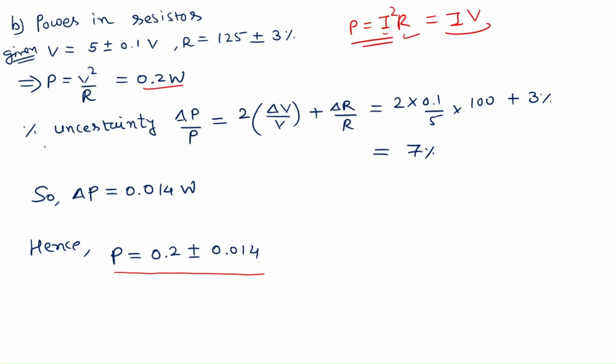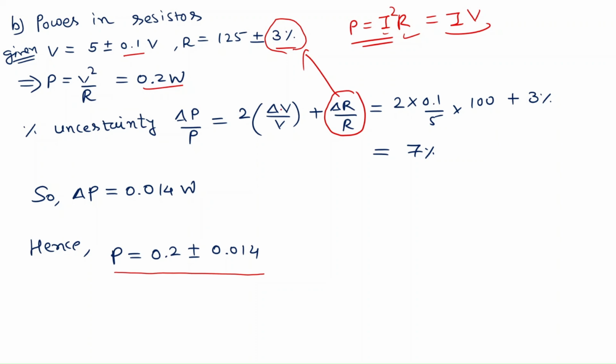Now we have to find the percentage uncertainty. By this formula we already saw, delta P upon P equals 2 delta V upon V plus delta R upon R, because the power has V squared. Now delta V means 0.1. For delta R, they give us a percentage already, so we don't need to convert it; just write 3%.